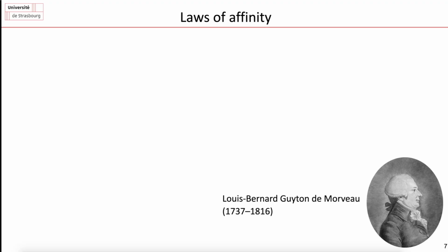So a bit later came Louis Bernard Guyton de Morveau, and he basically was the first one to classify different kinds of affinities. So he called it simple or aggregation, composed, decomposed, double, reciprocal, intermediate. Anyway, he was the first one to really work out more details of affinity, and he also listed some of the first laws of affinity, very qualitative, right?